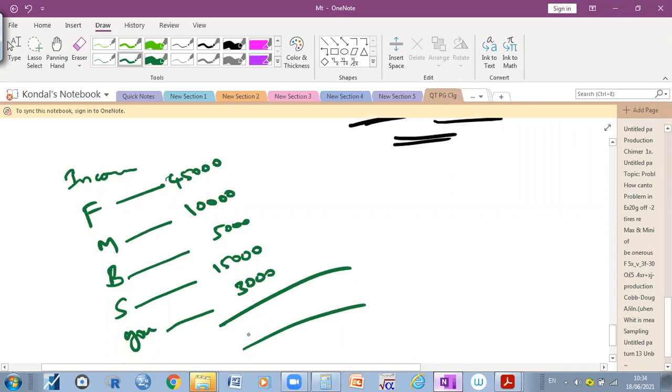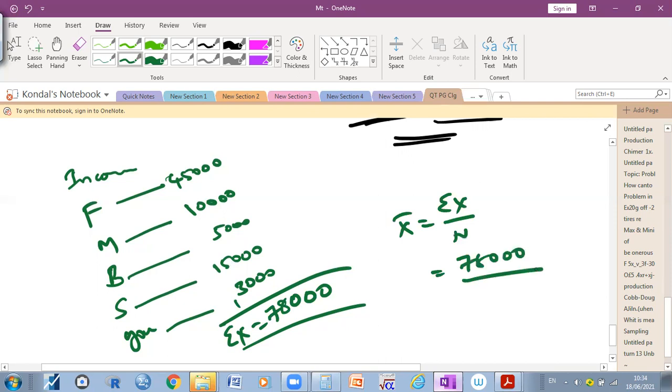So we need to calculate the sum of x. You will get 78,000. So the average income, x bar, is equal to sum of x by n. Sum of x is 78,000 divided by n. How many are in the family? 5.